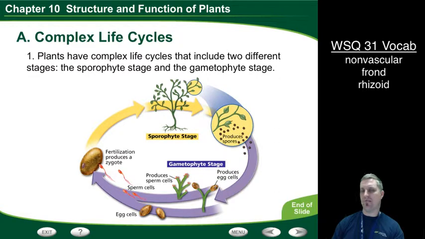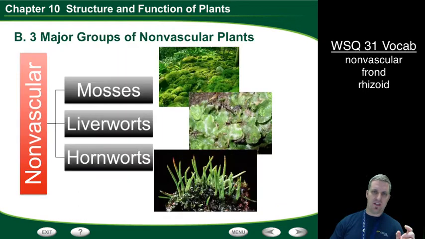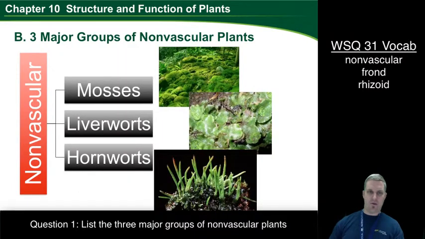The only reason why we talk about this at all is I want you to understand that the plant life cycle is more complex and has distinct stages in it, which makes it pretty unique. Now, that being said, let's talk about the three major groups of non-vascular plants.